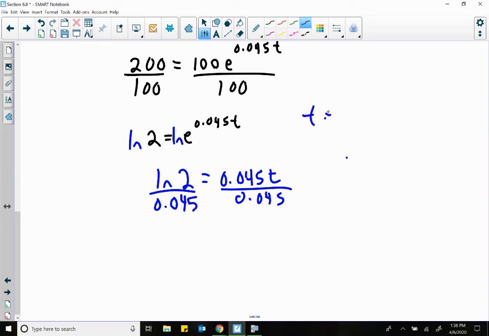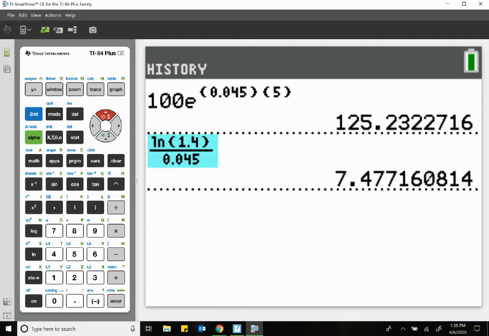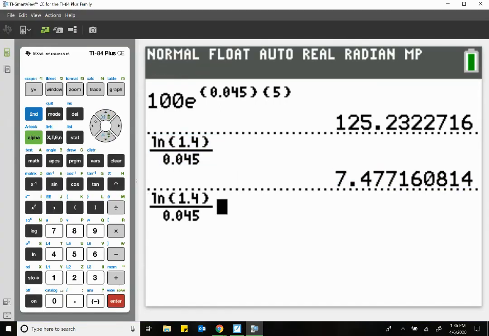And that's all they want in the bottom one is for you to find t again, except this time it said double the population, which means 100 becomes 200. So I'm just going to go right back up, grab that fraction. All I got to do is change that top number there. So we'll delete that piece out, come over here, delete the 1 out.